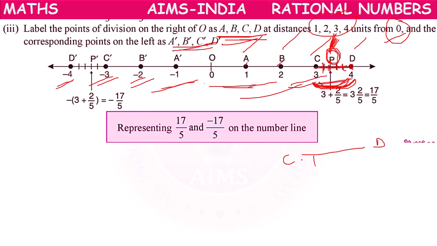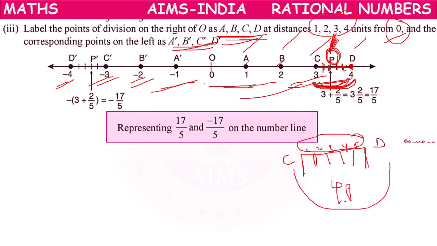This is C. This is D. With the help of 4 points, first part, second part, third part, fourth part, fifth part. We have divided CD into 5 equal parts with the help of 4 points.